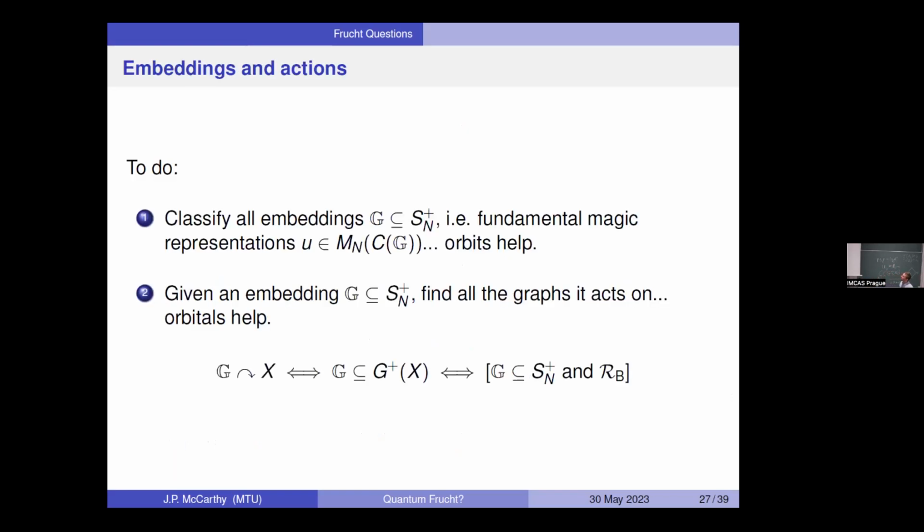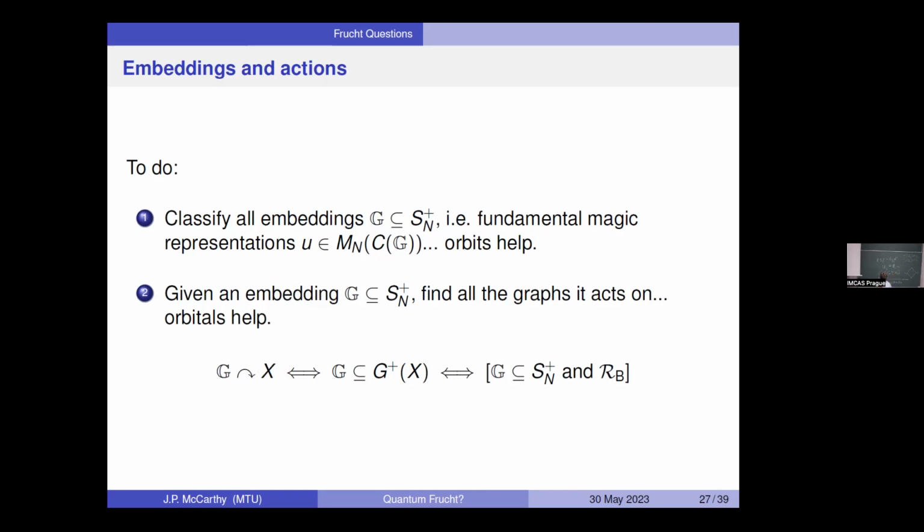Okay, so what we have to do, if we have a candidate compact quantum group we want to look at that maybe doesn't do this, first we need to find all the possible embeddings, so all the possible fundamental magic representations, and there's some theory that helped us there. And then, given a specific embedding, you can have different representations of the same compact quantum group.